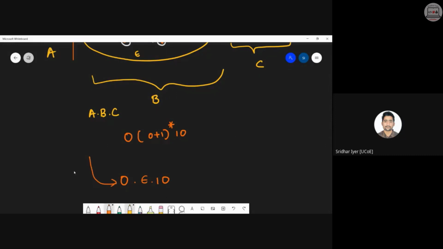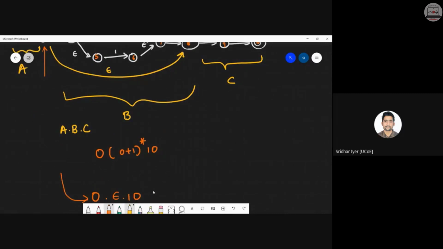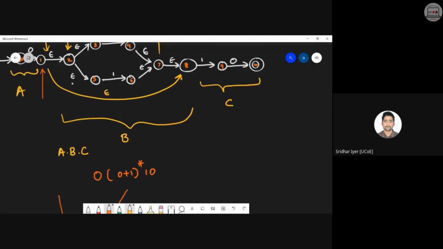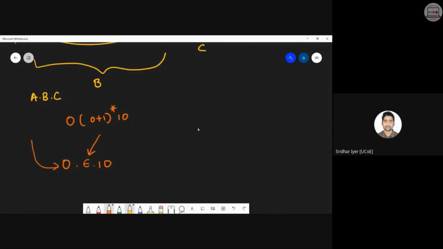So if we combine this particular state 1 and 2, that particular thing will automatically be omitted and our machine's logic will fail. That's why we have added this particular state 1 to 2 temporarily to accept the epsilons, and similarly 1 to 8 for moving the machine to the final state. Am I clear with this?